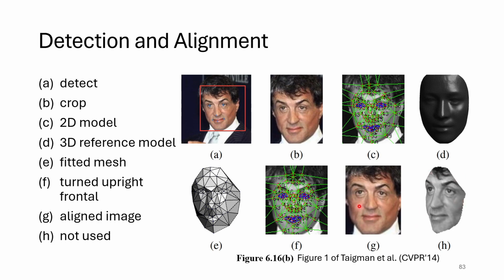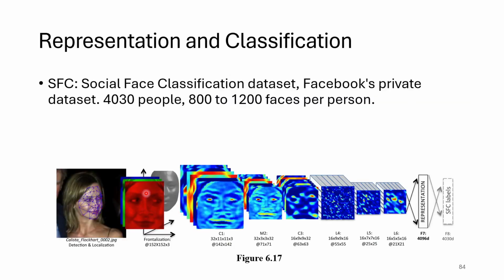When you have the upright frontal face, you can apply their neural network to represent the image. From this image, you can see that when it is converted to the upright frontal face, the two eyes point in the same direction, to the right, and this region is extended to this region. Then they just apply the 9-layer network to predict the results.